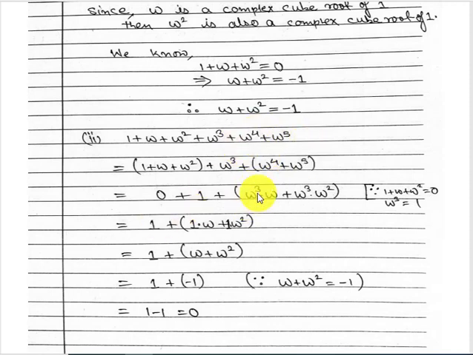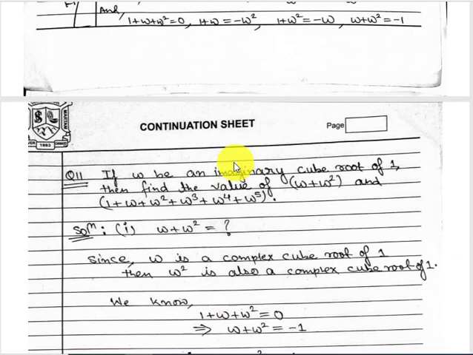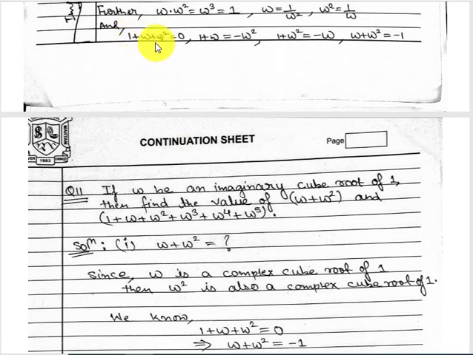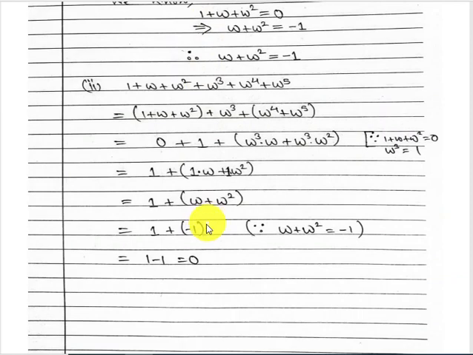Omega to the power 4 can be written as omega cube into omega, and omega to the power 5 can be written as omega cube into omega square. In the next step omega cube becomes 1 in both places. So you are left with omega plus omega square, and you know omega plus omega square is minus 1. Put that minus 1, evaluate, and you will get 0.